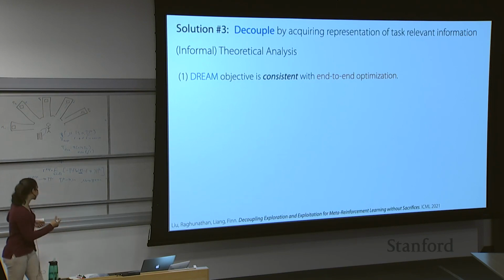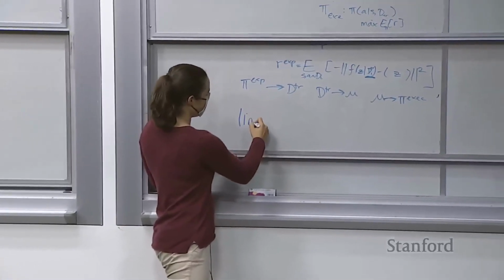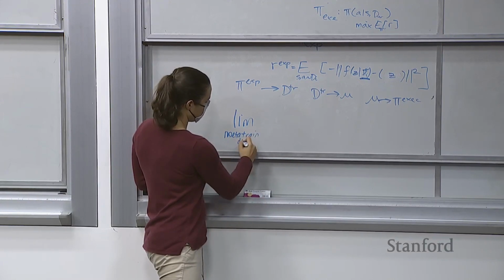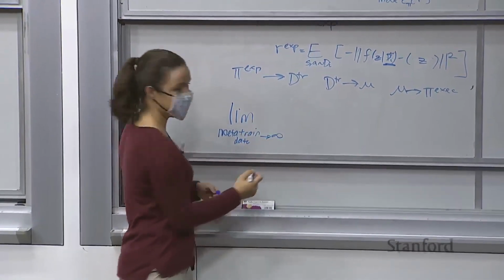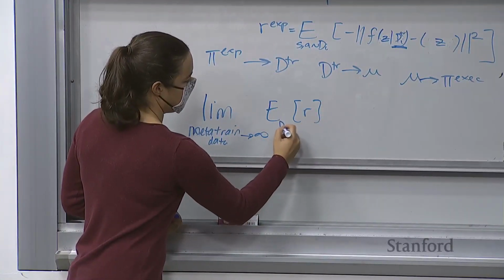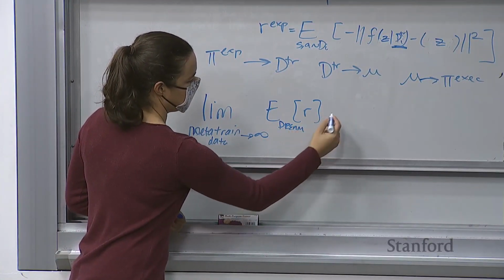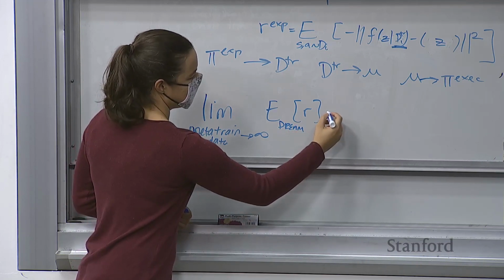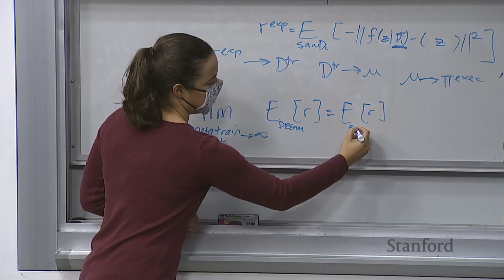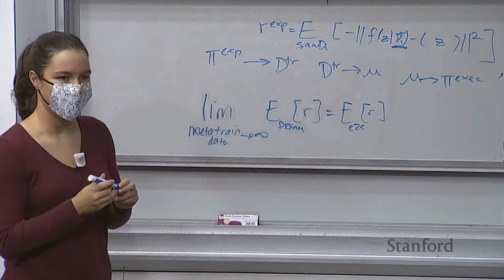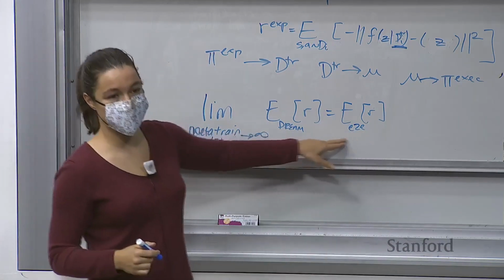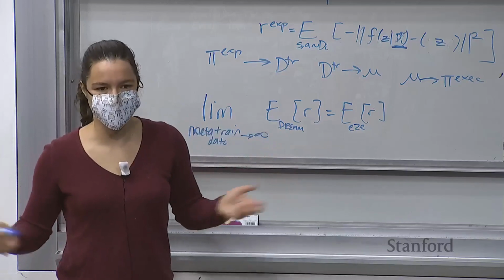What I mean by this is that in the limit, as your meta training data goes to infinity, then the expected reward of DREAM is going to be essentially equal to the expected reward of the end-to-end approach. So essentially, as you get more and more meta training data, the solutions will be the same. You'll get the optimal solution in both cases.